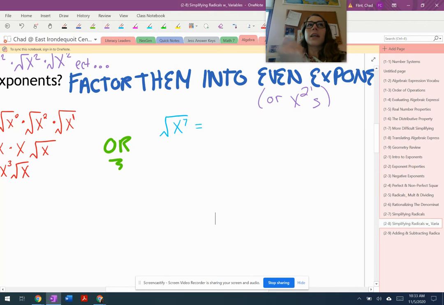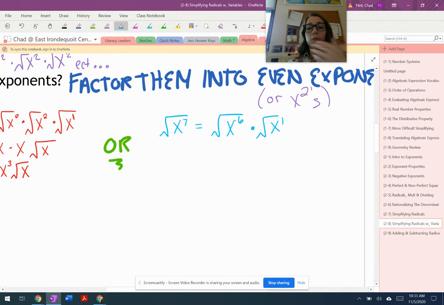So I can break this up into x to the 6th, right? Because I can't go up to 8 because I only have x to the 7th, times x to the first power. The square root of x to the 6th times the square root of x would get me back to the square root of x to the 7th, right?